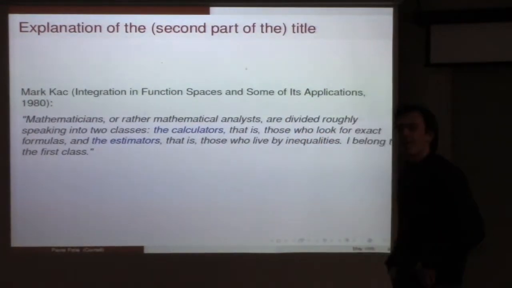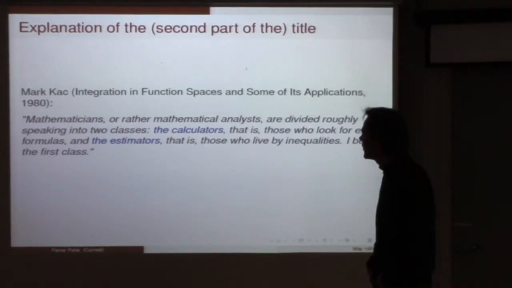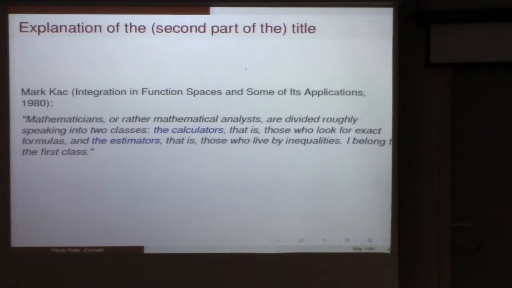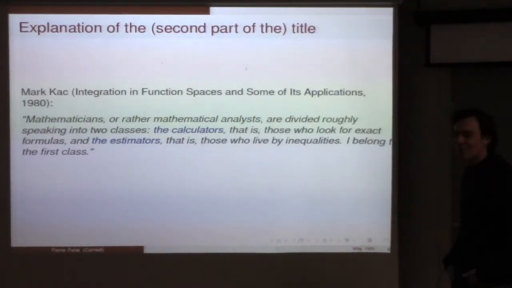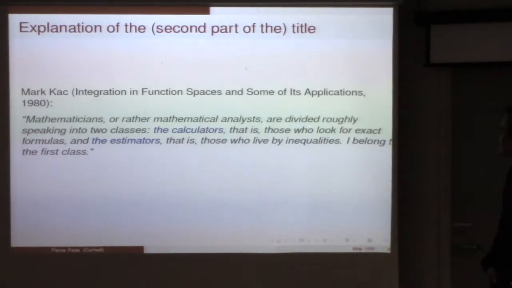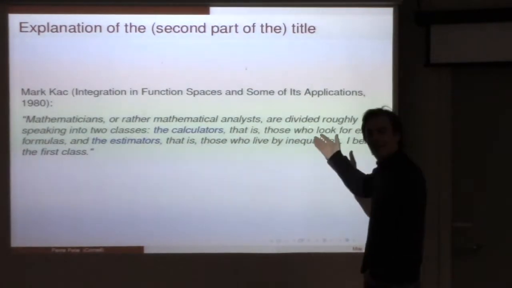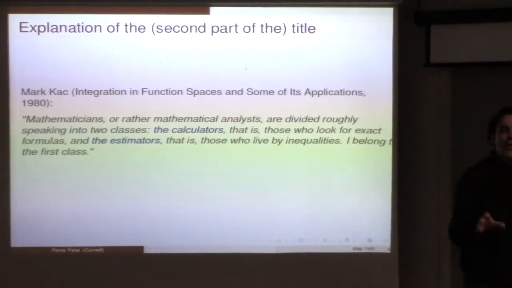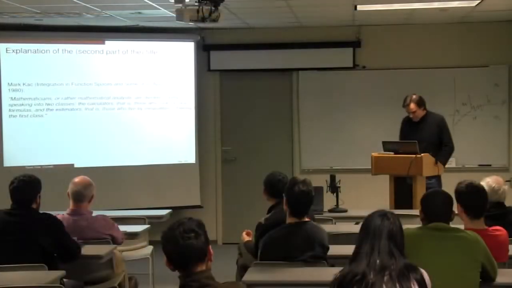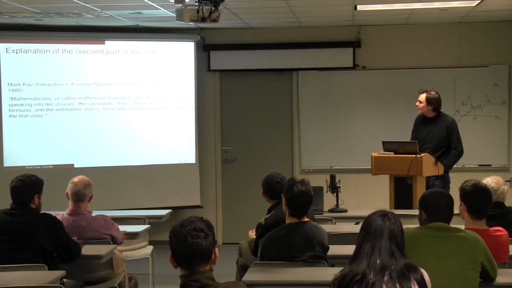I'm quoting Mark Kac, who was a professor at Cornell some time ago, and who says that mathematicians, or rather mathematical analysts, are divided, roughly speaking, into two classes: the calculators, those who look for exact formulas, and the estimators, those who live by inequalities. And he said that he belongs to the first class. That's the reason why, with the title about the calculator viewpoint, I will be focusing only on exact formulas. So you will see only the equal sign throughout the rest of the talk.